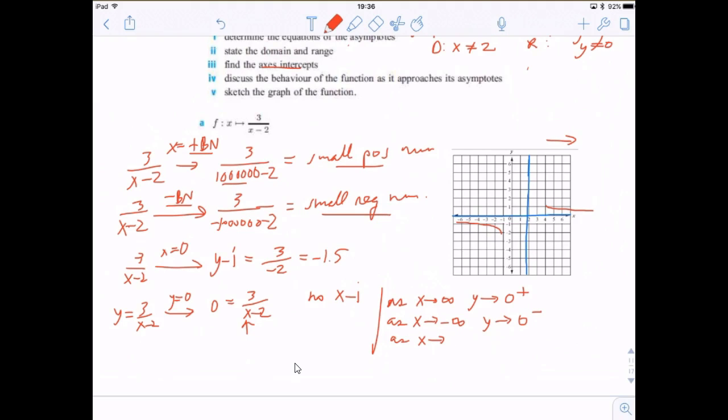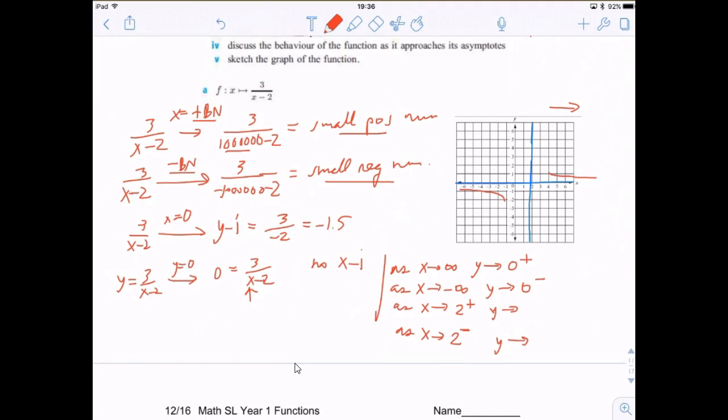So let's say as x approaches positive 2 from the right, and as x approaches 2 from the left, which would be 2 with a negative superscript, let's figure out what happens to y, okay? And we can tell by putting a number that is slightly above 2 and slightly below 2 in for the function. So let's do y equals 3 over x minus 2, and what we're going to plug in first is a number that is slightly more than 2.